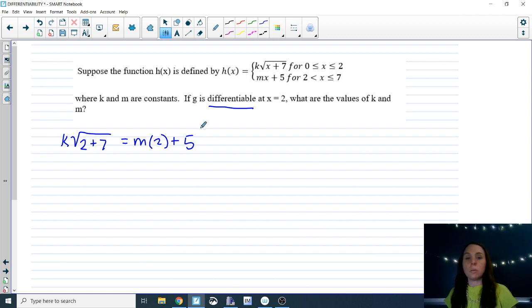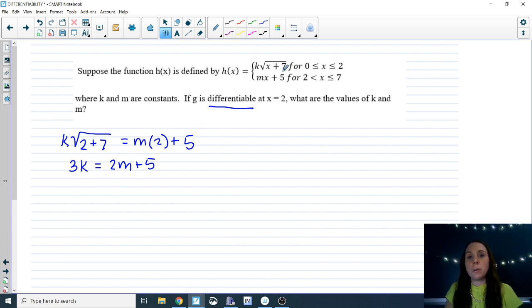So I set those equal to each other. Now, there's not much I can do here but simplify a little bit. Let's see, that's 3k. And I'll write this as 2m plus 5, and I'm just going to leave that alone. I'll do a little bit more with it in a moment. Notice I have one equation with two variables, though, so there's not much more I can do other than move stuff around.